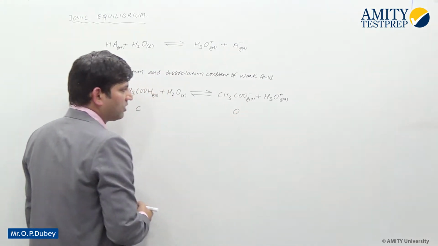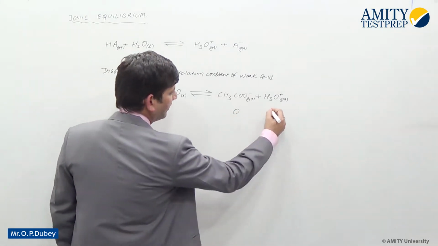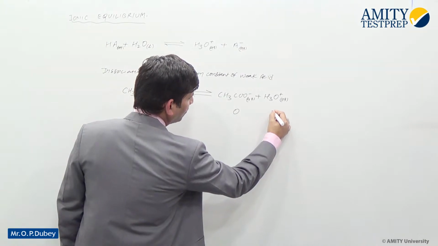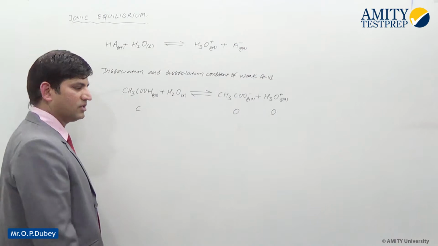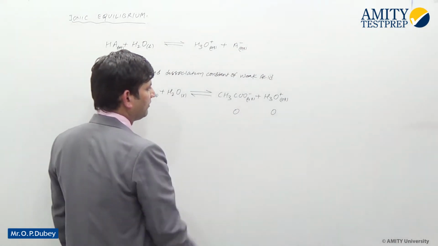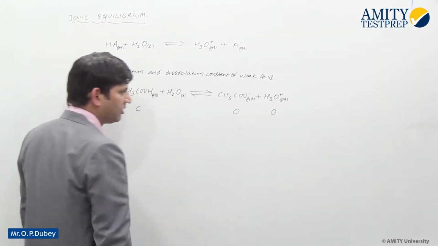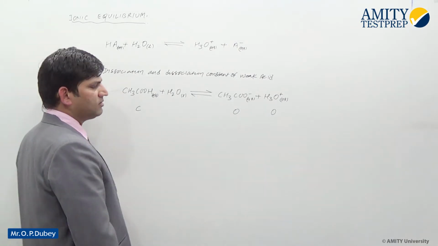Initially, before dissociation, the concentration of acetate ion and the concentration of H3O positive ion is 0.